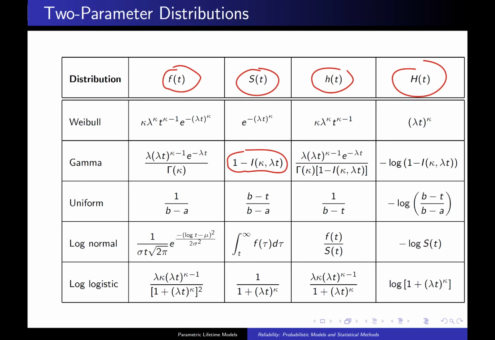Now the uniform distribution seldom gets used, and the reason it seldom gets used is its support runs from the constants a to b, and most lifetime distributions do not cut off in that fashion, so it does not get a lot of use. The next one is the log normal distribution.